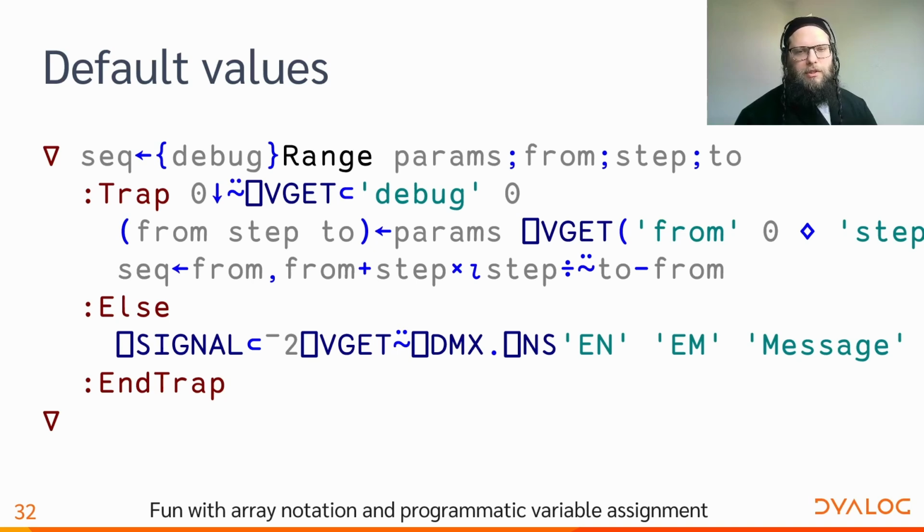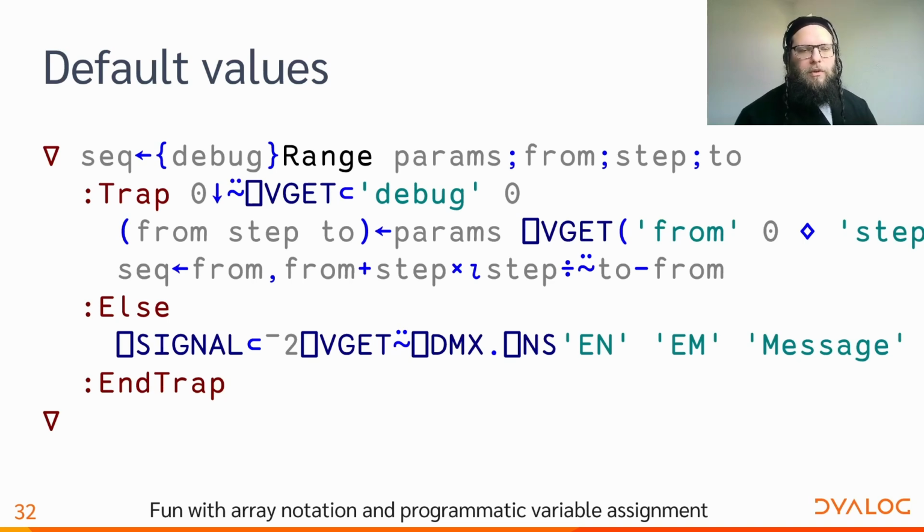So this provides us a new way to deal with ambivalent functions. The traditional way is you have to check whether the name class of the left argument name is 0. Dyalog also provides a special I-beam to do it, but this is quite readable. It just gets the value of debug, and if it doesn't exist, uses a 0, and you could use any value, of course.